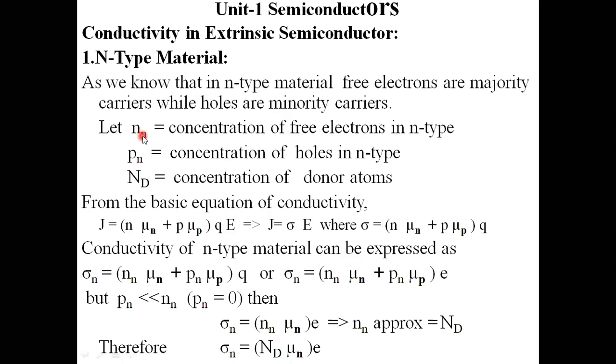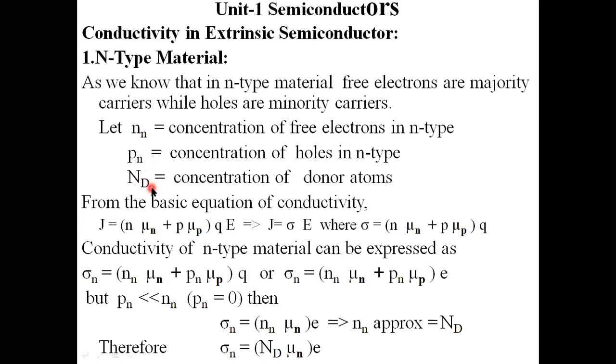Next is p suffix n: p means the concentration of holes, and suffix n means in n-type semiconductor material. So n suffix n is the concentration of free electrons in n-type, and p suffix n is the concentration of holes in n-type semiconductor material.